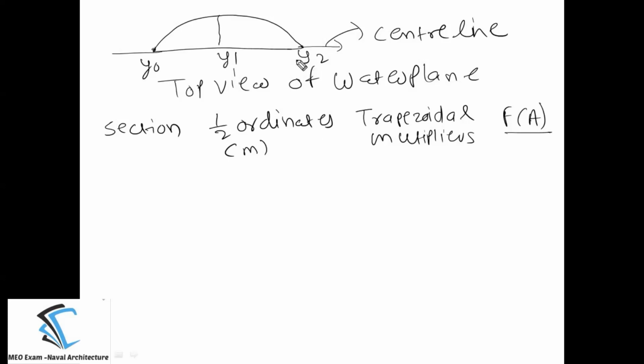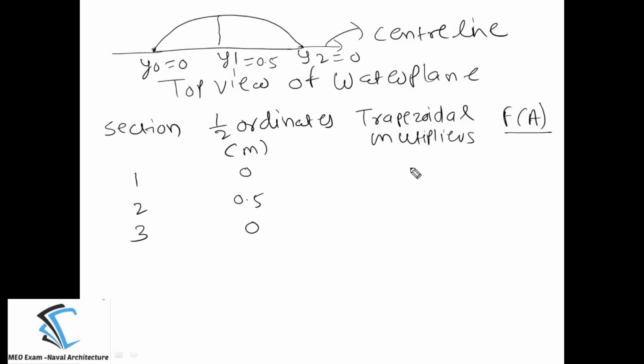Now how many sections are there? Now we have a 3 section, 1, 2, 3, and you can take the values. Y0, in this case it is 0, y1 you can take a 0.5, and y2 also 0. The same thing I am writing here, 0, 0.5 and then again 0.